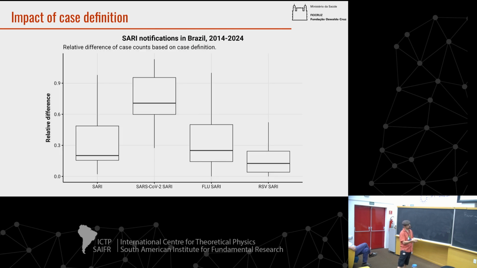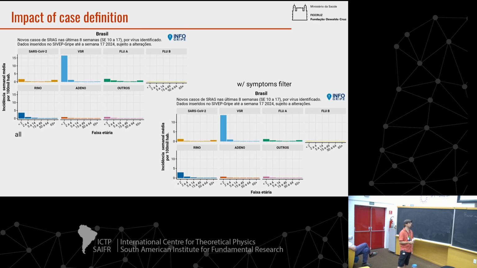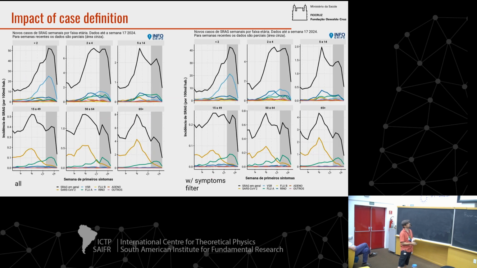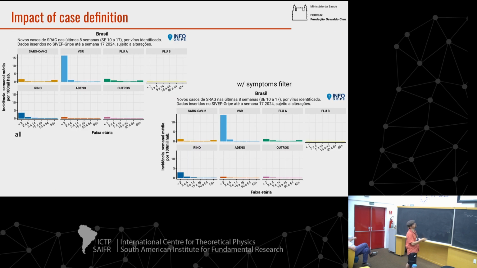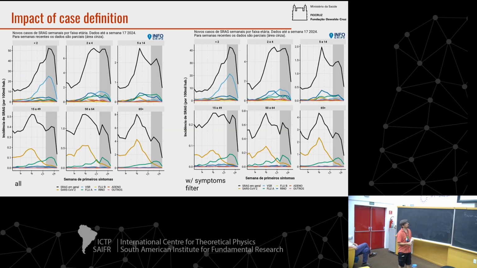Fortunately for us, RSV is one of the least affected by lack of reporting or misreported data, but for the other diseases, we can have a great impact. So this is one way to look into the data, the accumulated incidence. Now, if we look at the actual trend, the left-hand side is regardless of reported symptoms.